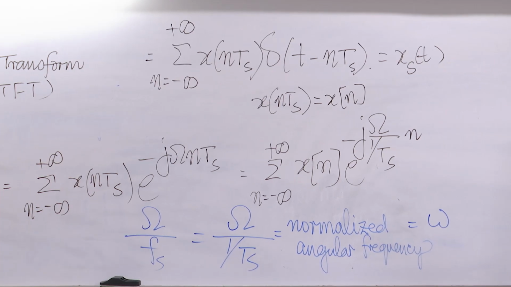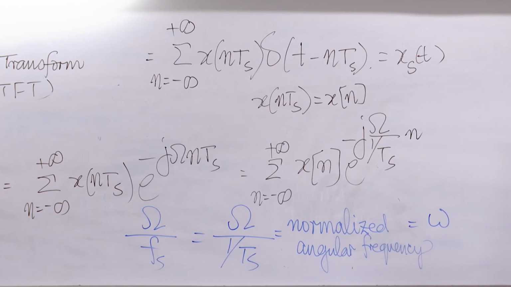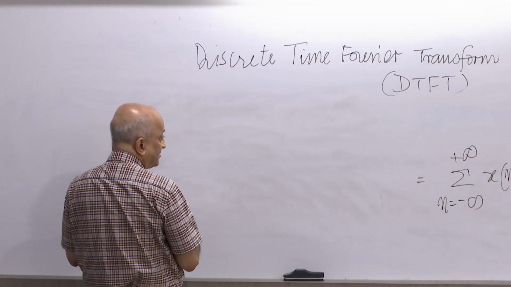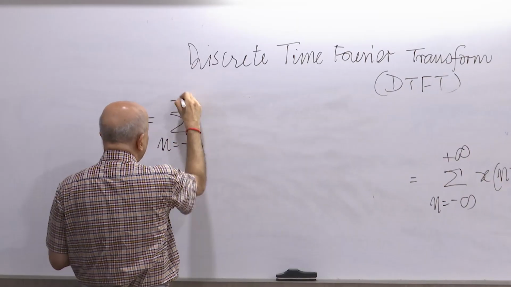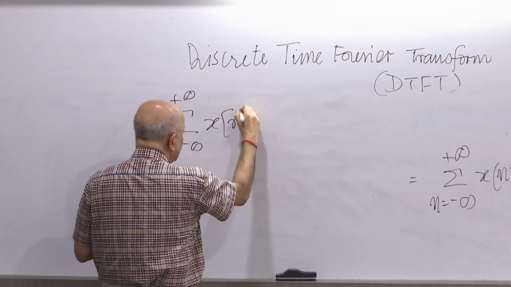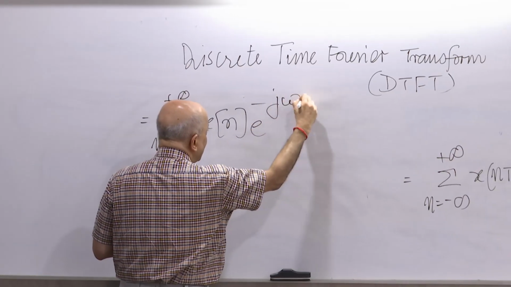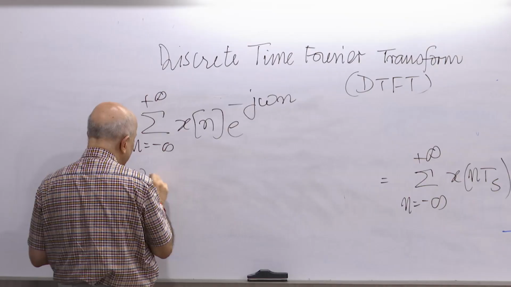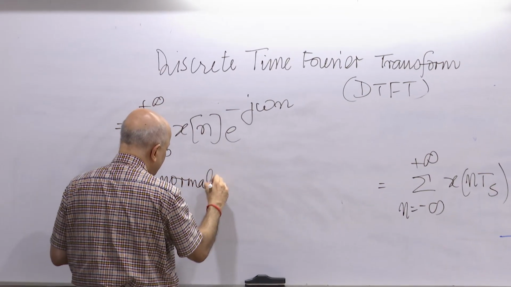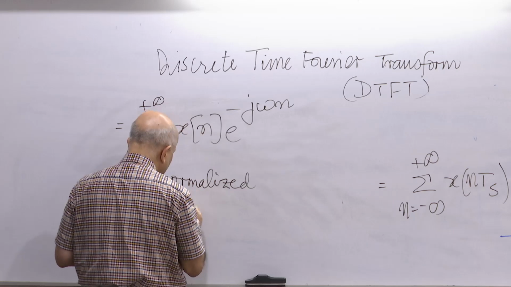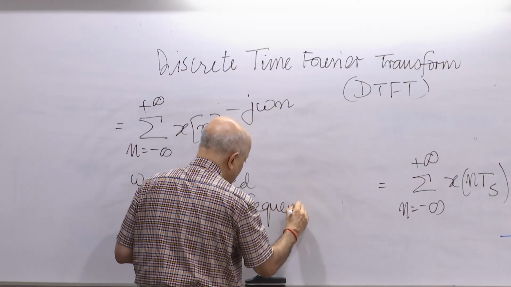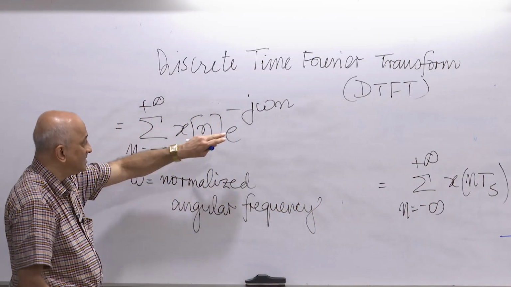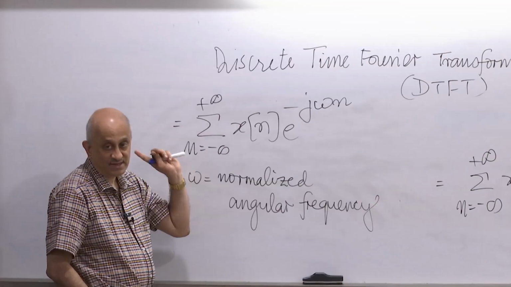And let us see some properties of this normalized angular frequency. In fact, first, this can be rewritten as summation n going from minus to plus infinity xn e raised to the power minus j omega n, where omega is the normalized angular frequency. And we will use a notation for this.